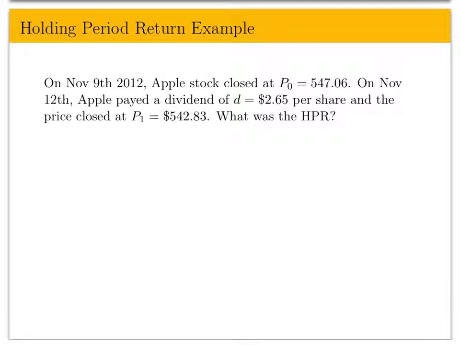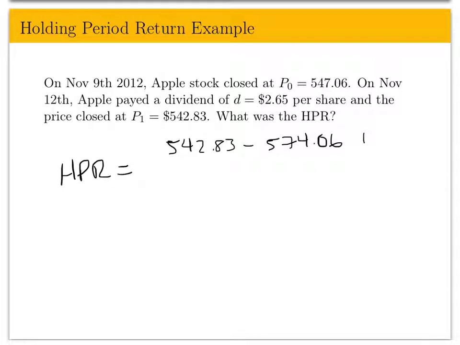Using our previous definition, we say the holding period return is equal to the capital gains, 542.83 minus 547.06, plus the dividend, which is $2.65.